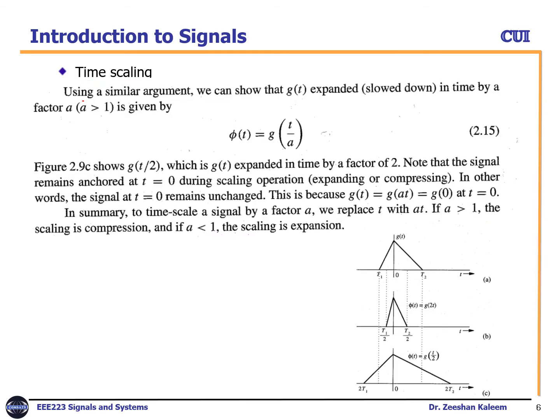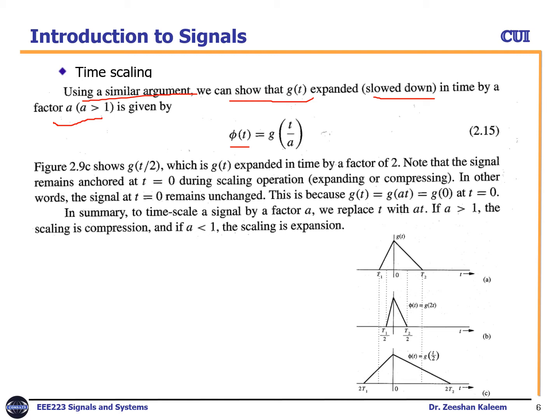Using a similar argument as we discussed, we can show that gt expanded, meaning slowed down in time by a factor a, where a is greater than 1, is given by the following. As I mentioned, phi t is just a name to represent gt when there is a modification in gt, so modified gt. So phi t equals g t over a. Previously there was gat, and here t over a.